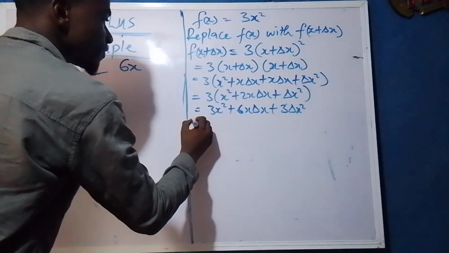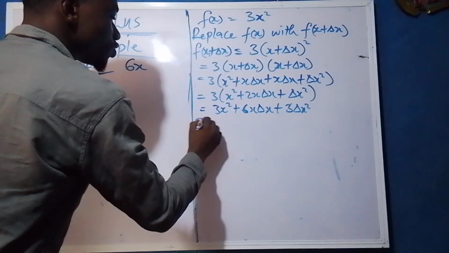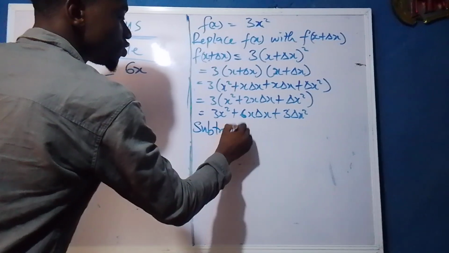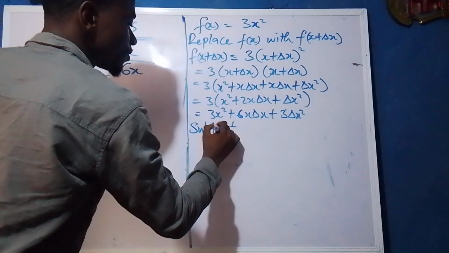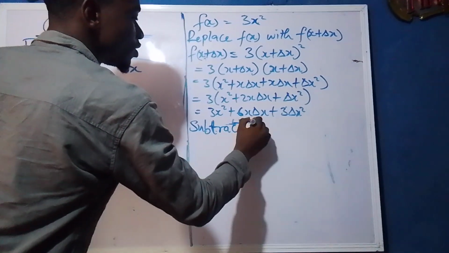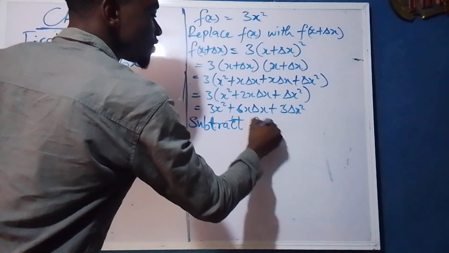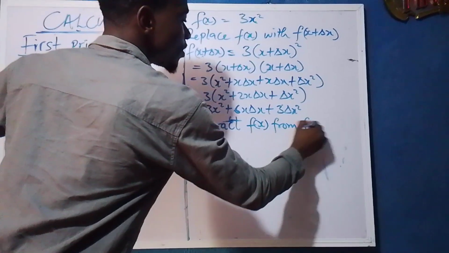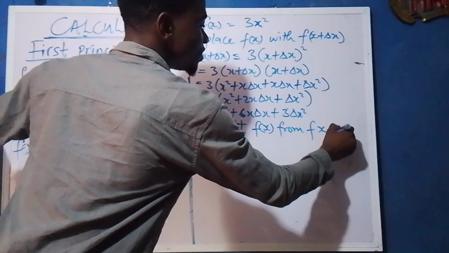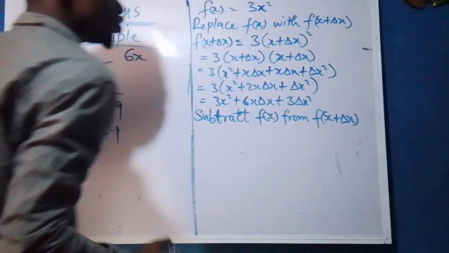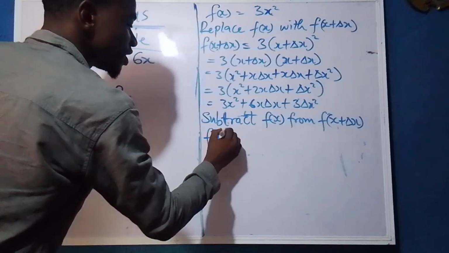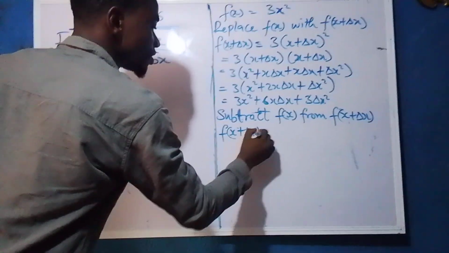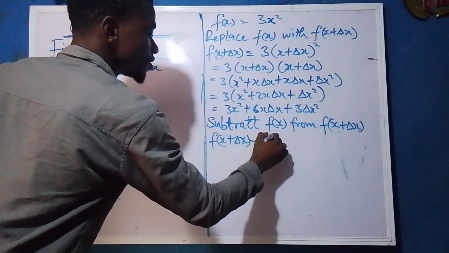Step number 2 is, after we have done this, to subtract f of x from f of x plus dx. So making it look like this, f of x plus dx, then minus f of x.